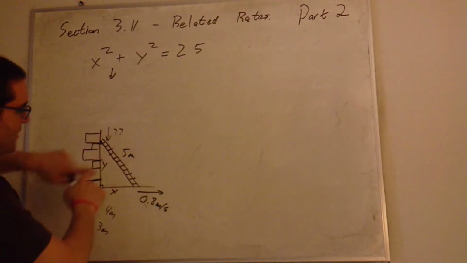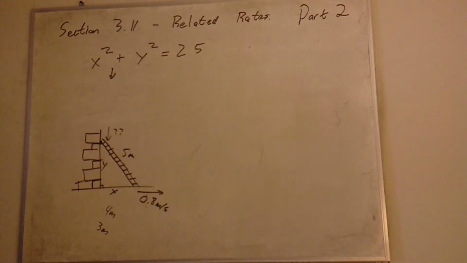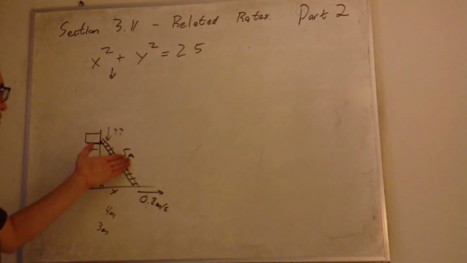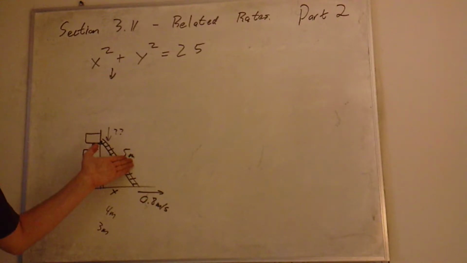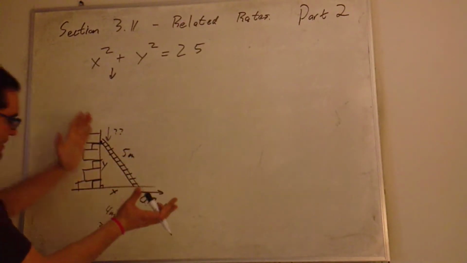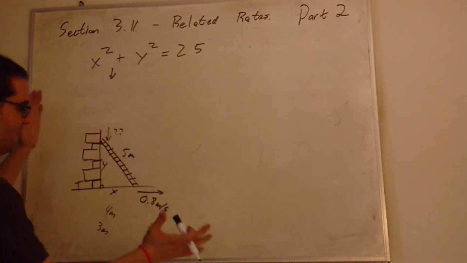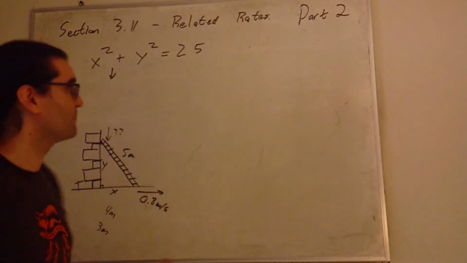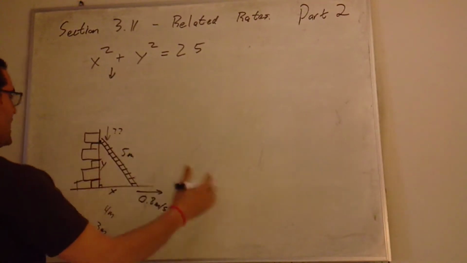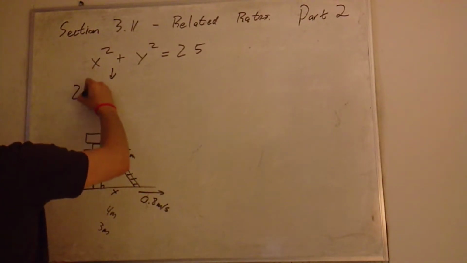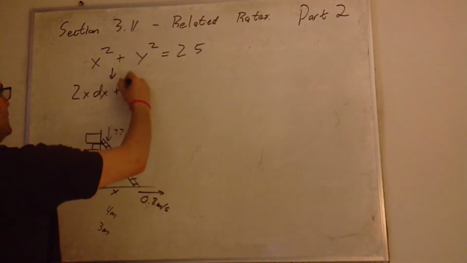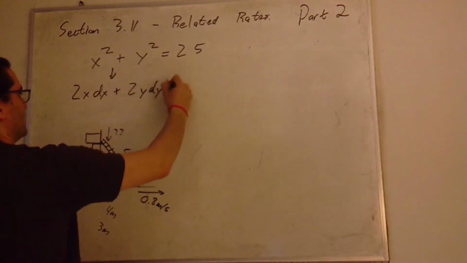Interesting to note that the ladder is not changing in size. So the ladder is 5 meters long, and it's always going to be 5 meters long. It's not going to shrink as it moves or grow as it moves. So the change in ladder length is 0. The change in x distance is a thing, so we got to do that. 2x dx will be that derivative there. 2y dy will be that derivative there.